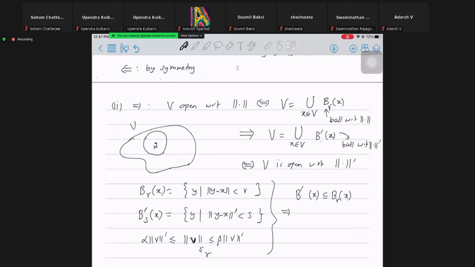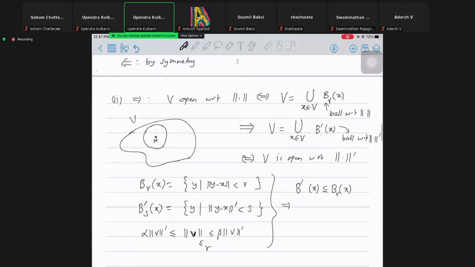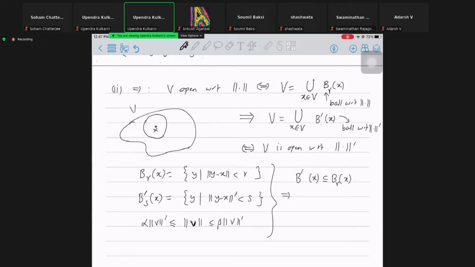If a point belongs to alpha, it's going to be R by alpha, right? So let's just write this down. It's very simple, but that means I should be able to explain it. So v less than R implies its norm with respect to v prime.